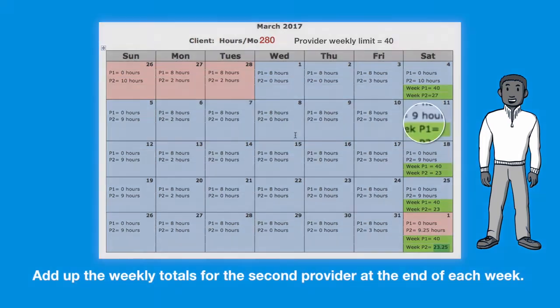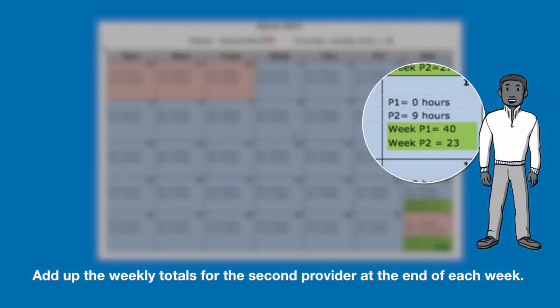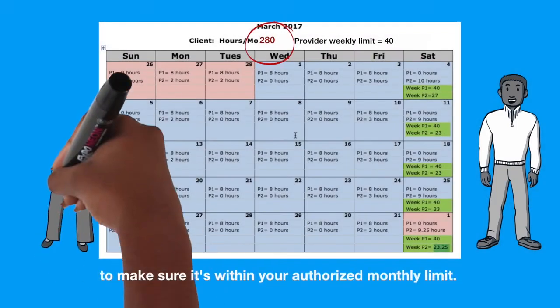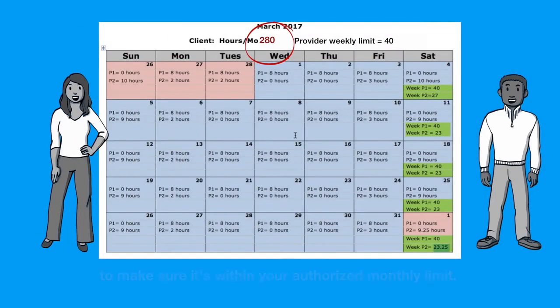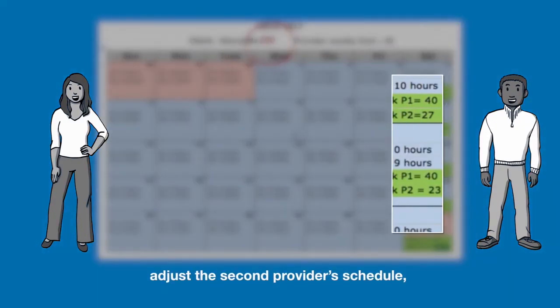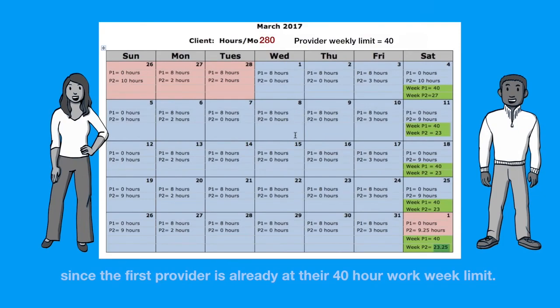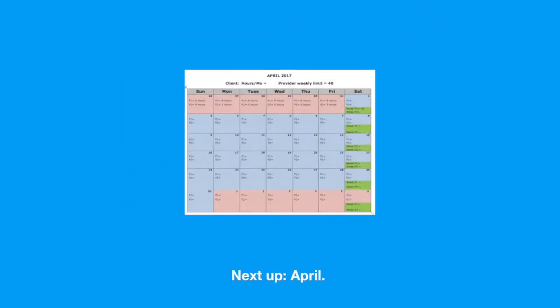Add up the weekly totals for the second provider at the end of each week. And again, check the monthly total to make sure it's within your authorized monthly limit. If the total is off, adjust the second provider's schedule since the first provider is already at their 40-hour work week limit. Next up, April.